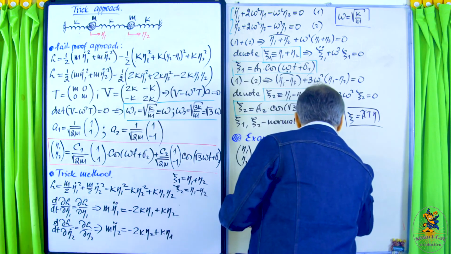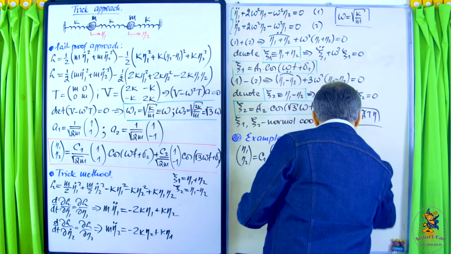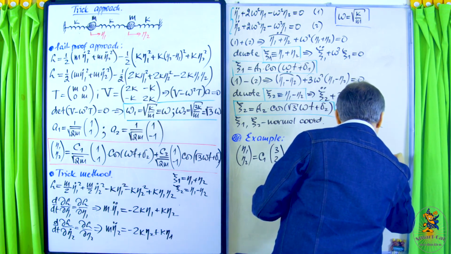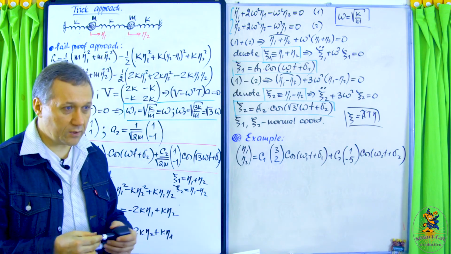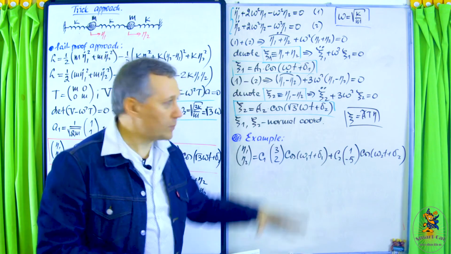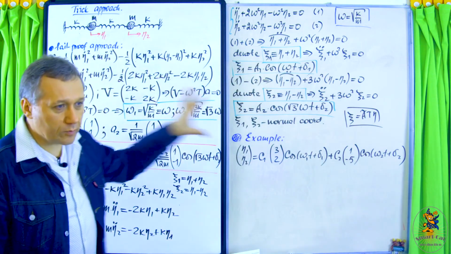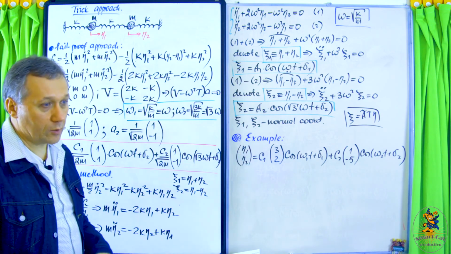And let's say plus C2 times (1, minus 5) cosine omega 2 t plus delta 2. Let's say we have this general solution. And I'm lazy to construct the modal matrix, transpose, kinetic energy, multiply. So I just want, by staring at this solution, to write normal coordinates.